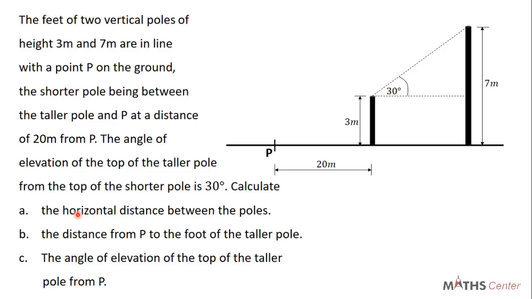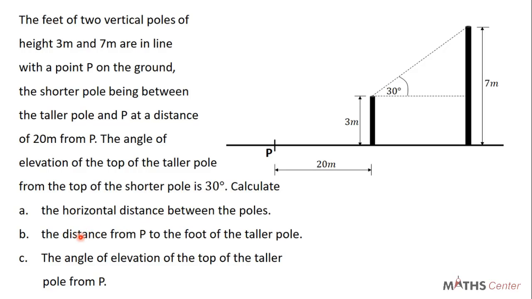It goes on to say that we should find the horizontal distance between the two poles. So we are looking for this horizontal distance from here to here.